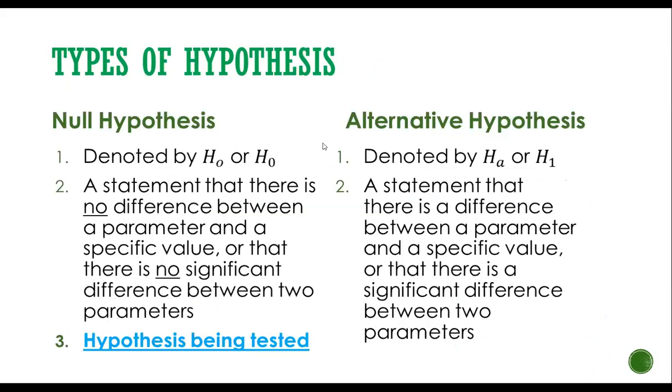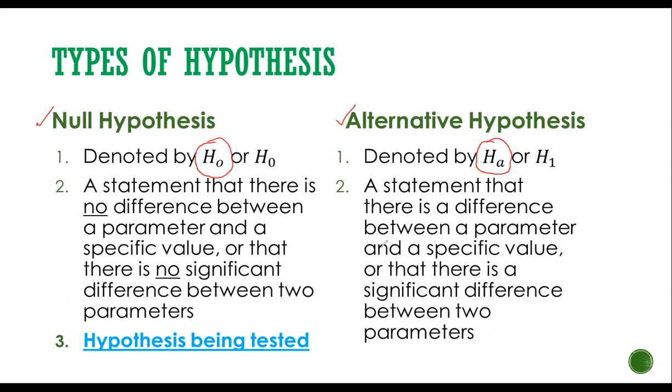Okay, so we have here your types of hypotheses. And in summary, we have two, di ba? Your null and of course your alternative hypothesis. So we will be utilizing your H sub 0 as our notation.